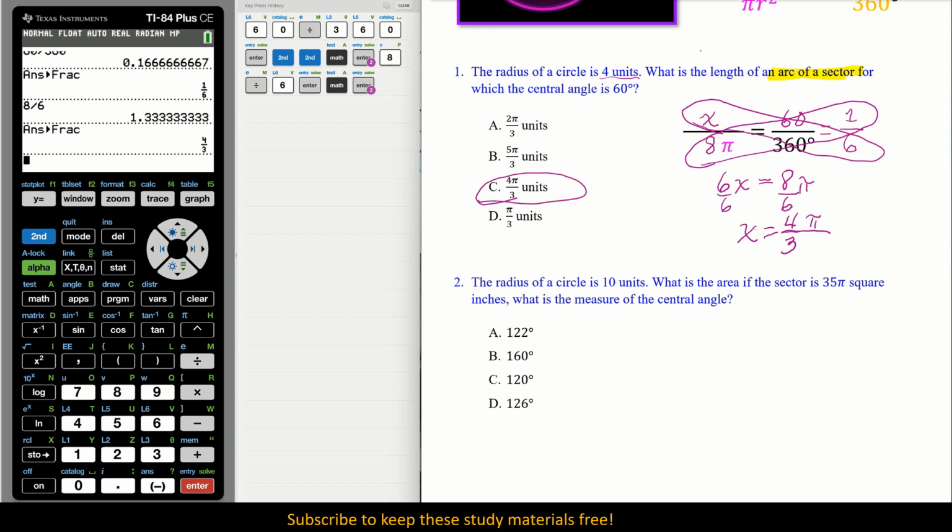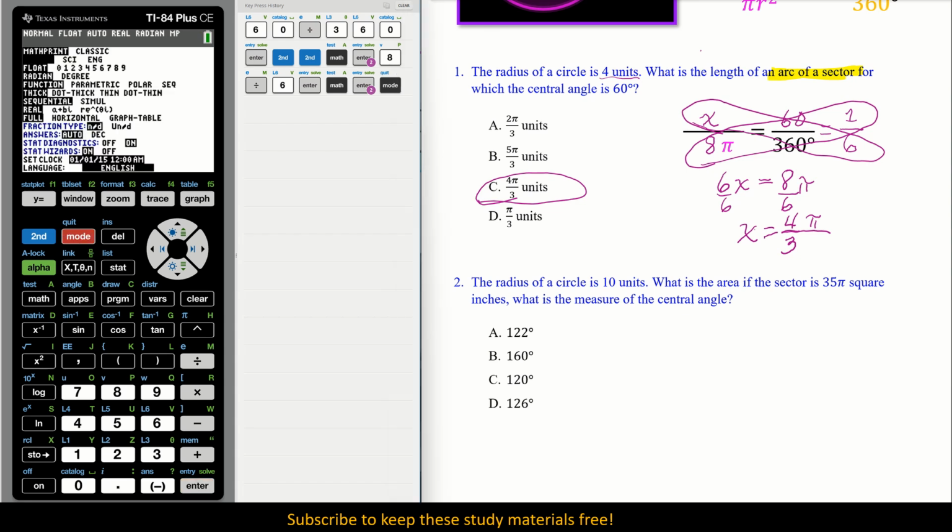Back to the calculator. You need to click mode and see what you have your calculator in. See where it says fraction type? I'm going to arrow down, and I have mine set up in that manner.